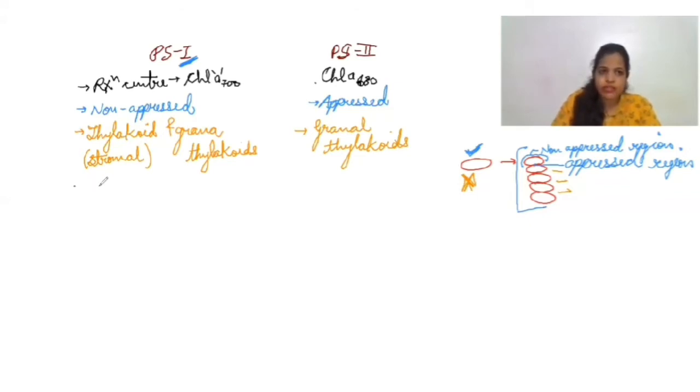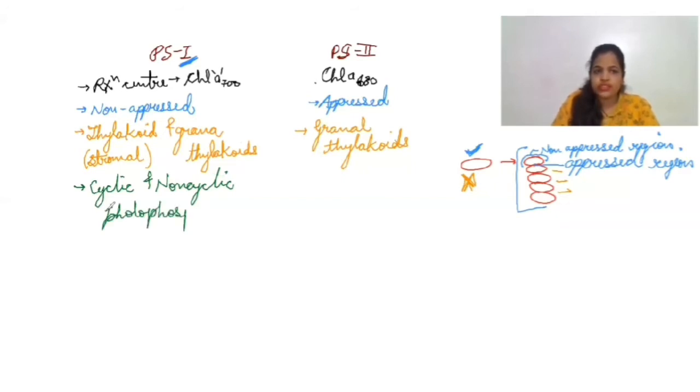So, present in both cyclic and non-cyclic photophosphorylations. Whereas photosystem 2 is found only in the non-cyclic photophosphorylation.